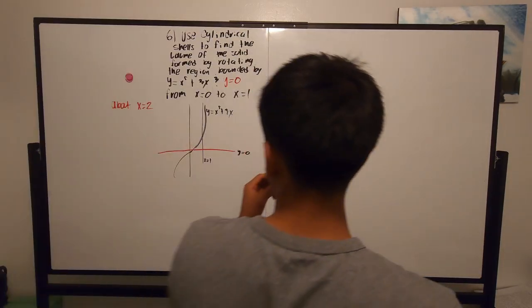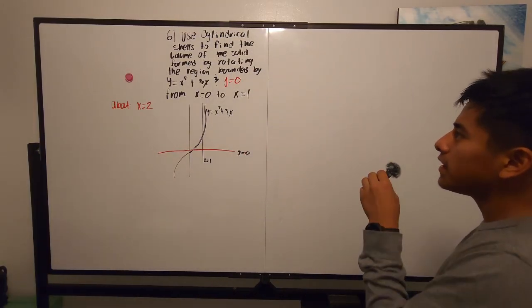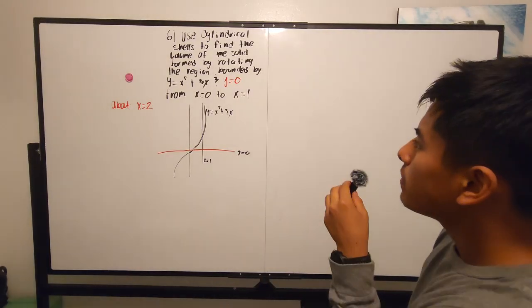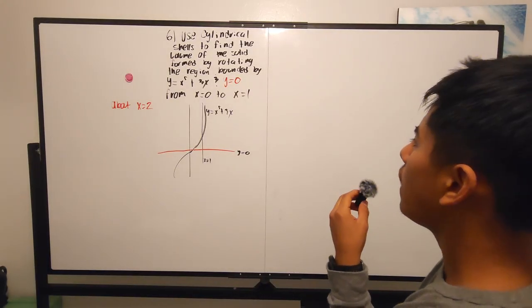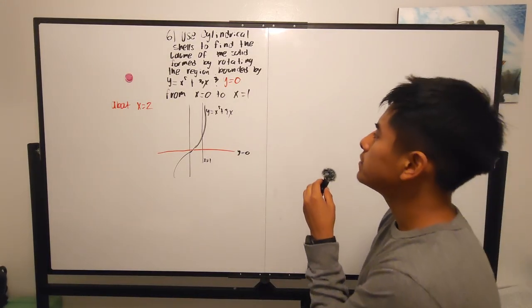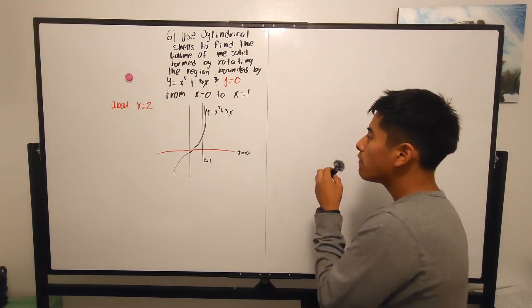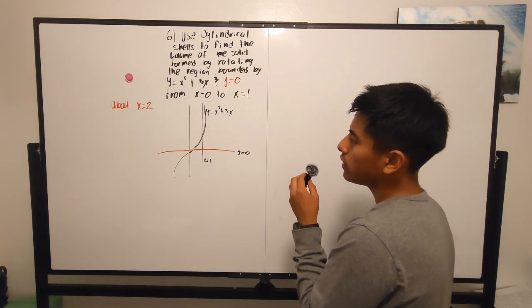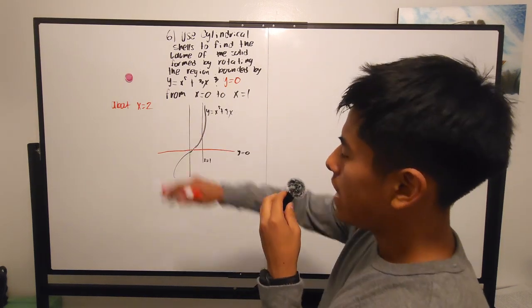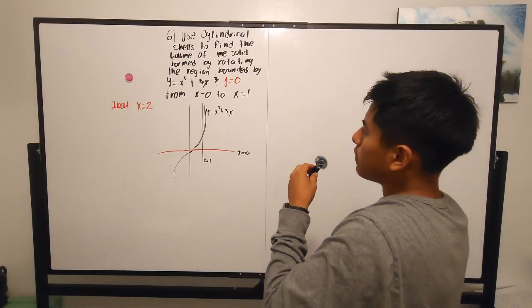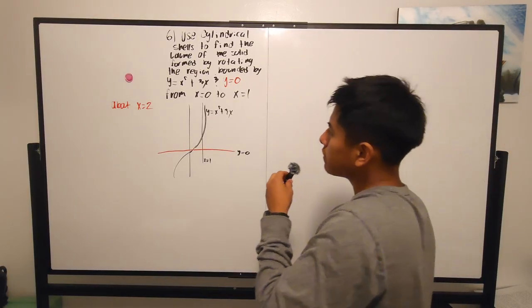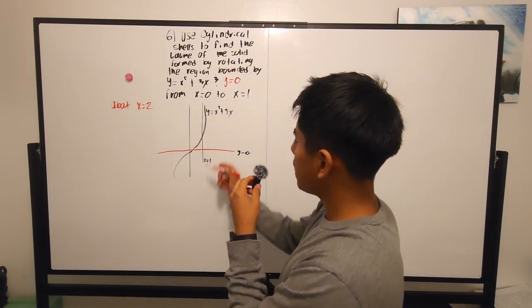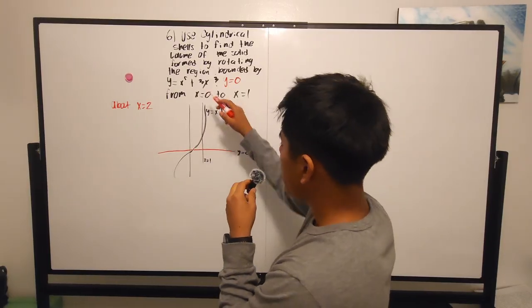Okay, so problem number 6 says to use cylindrical shells to find the volume of the solid formed by rotating the region bounded by y equals x to the power of 5 plus 3x and y equals 0 from x equals 0 to x equals 1 about the line at x equals 2. So our first curve, x to the 5 plus 3x, is going to be this curly one.